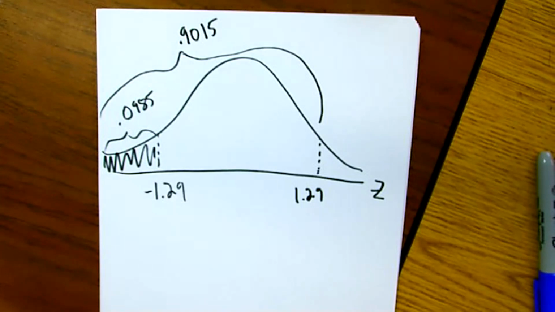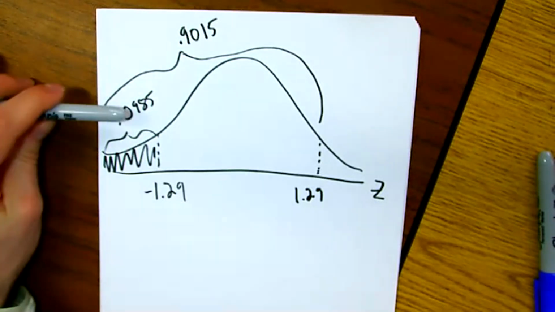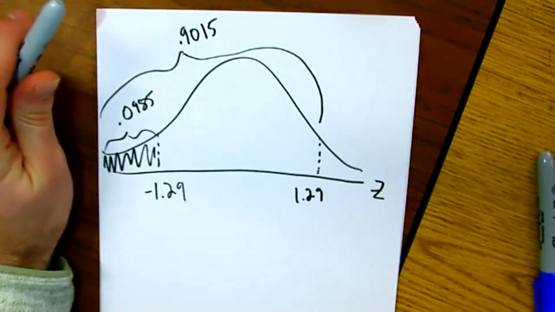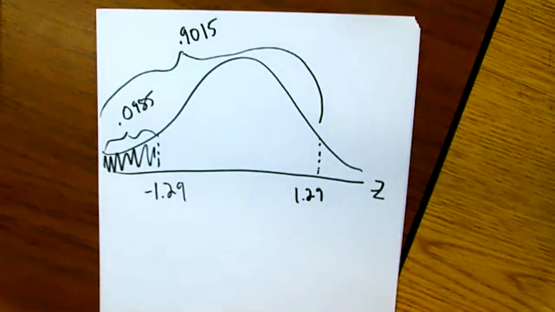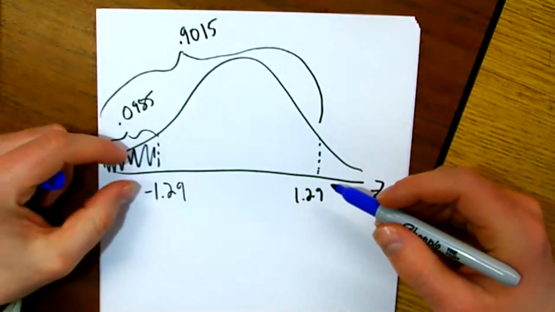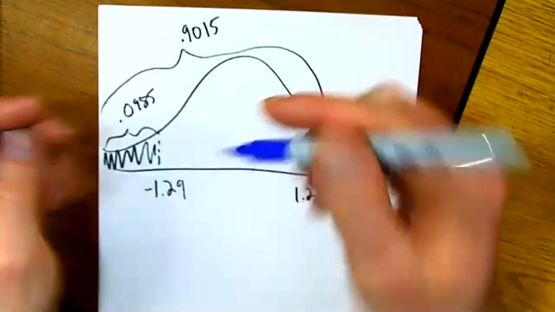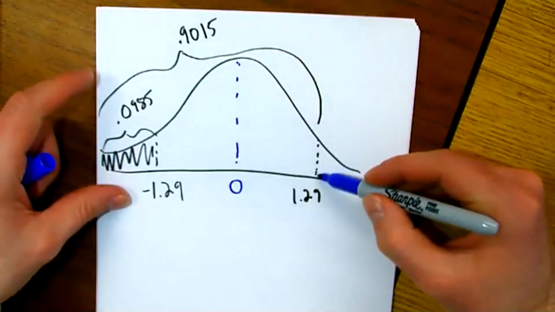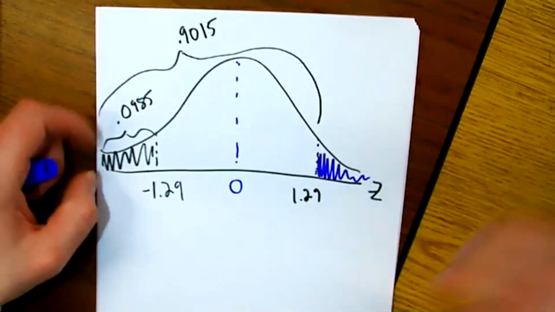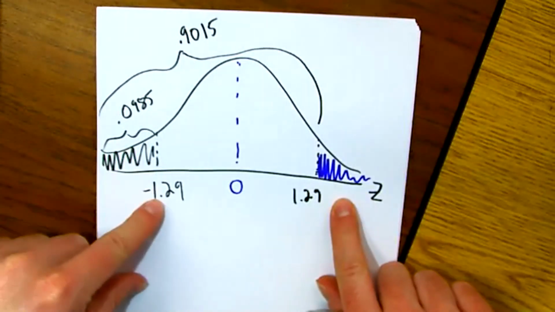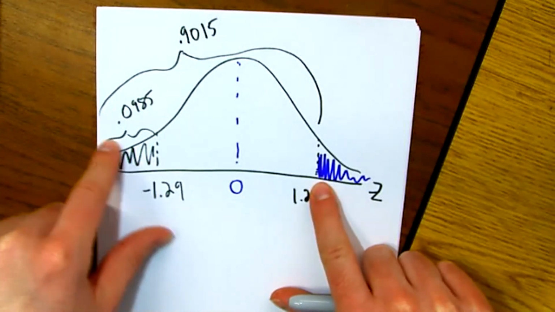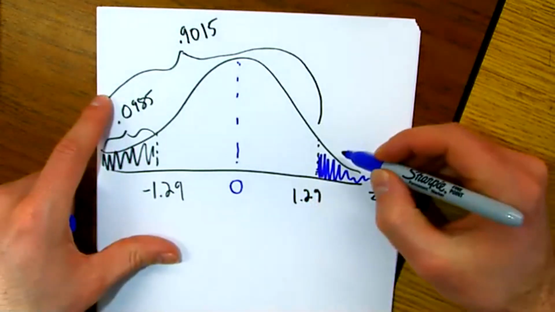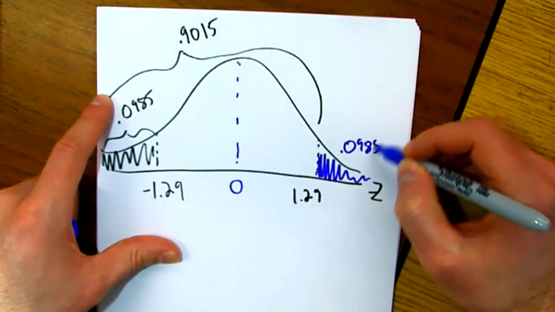So notice, what do those values add up to? They actually add up to 1. So why did that work out that way? Well, if this is a symmetric distribution and I were to fold it right around that mean of 0, the area to the right of positive 1.29 should be the same as the area to the left of negative 1.29. So this area should just be 0.0985.